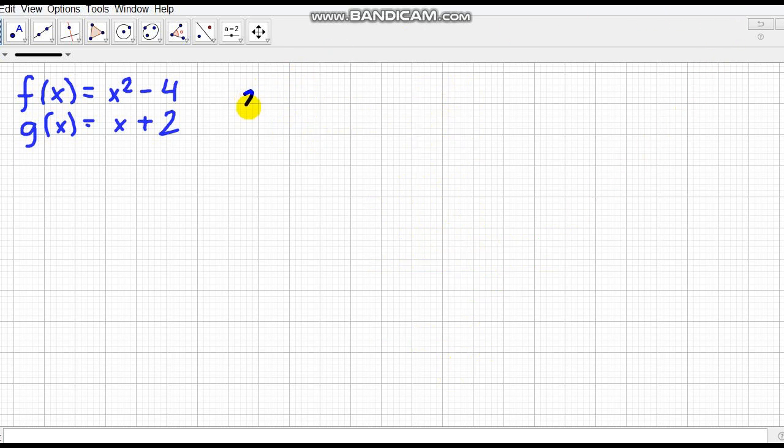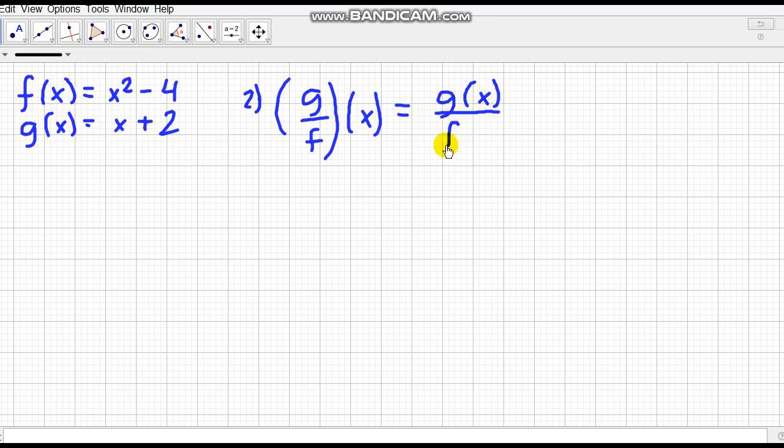For our last example, let's try out reversing both the f and g. So this time, let's have g over f of x. So this is well defined as g of x over f of x.